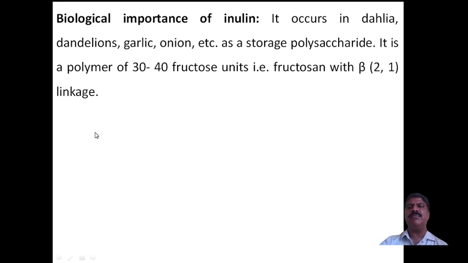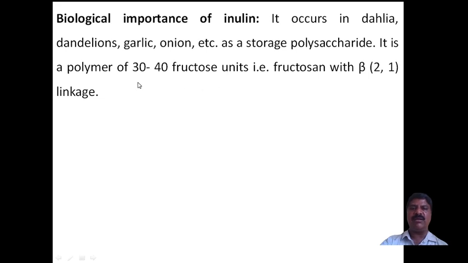Now coming to the biological importance of inulin. It is usually present in plants, like flowers, roots, whatever, such as dahlias, dandelions, garlic, onions, etc., as a storage polysaccharide. Inulin occurs in these plants as a polysaccharide.